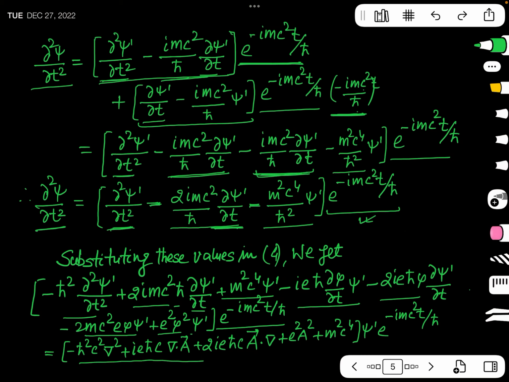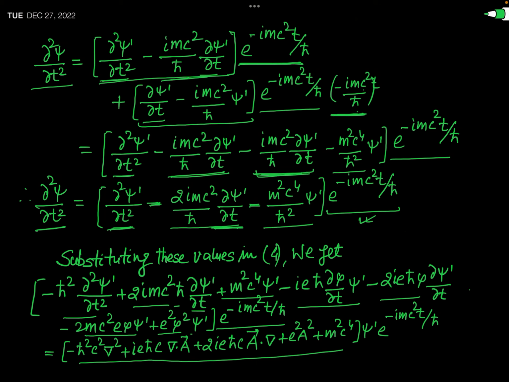Okay. So simplification of the RHS is much easier. This operator remains exactly the same as it was in equation 1, sorry, A, but outside of the bracket there was ψ, and ψ is now equal to ψ' e to the power minus imc²t/ħ. Okay.